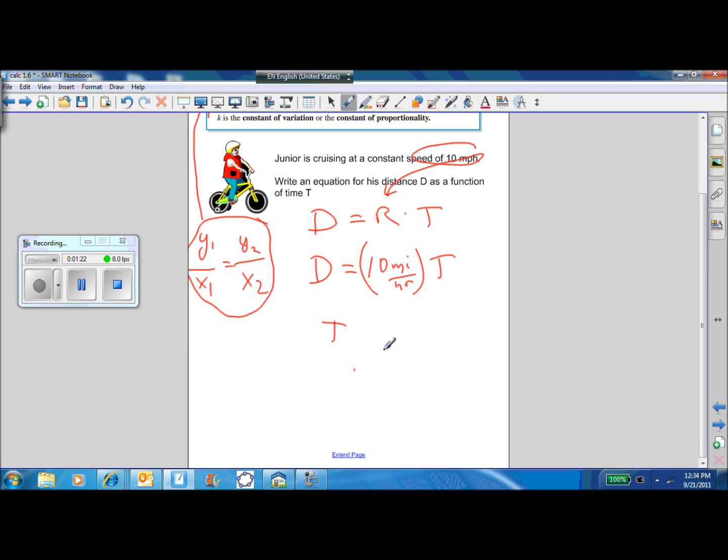Let's make a little chart. Time and distance. If Junior bikes for 2 hours, he's going to go 20 miles. If he bikes for 5 hours, he's going to go 50 miles. And this is what I was talking about over here, that we can set up this proportionality. That is, distance 1 is to time 1, as distance 2 is to time 2.